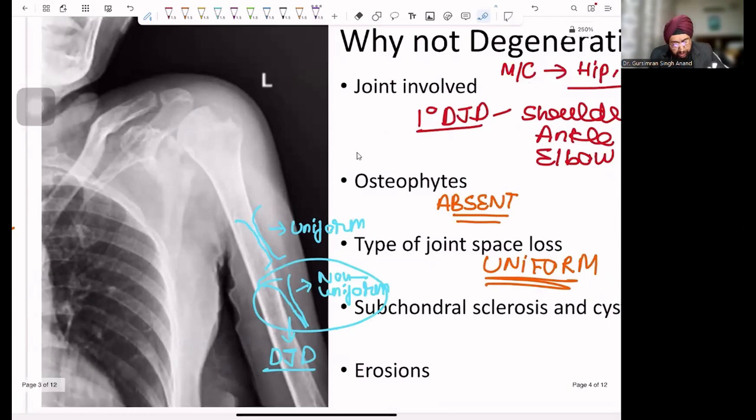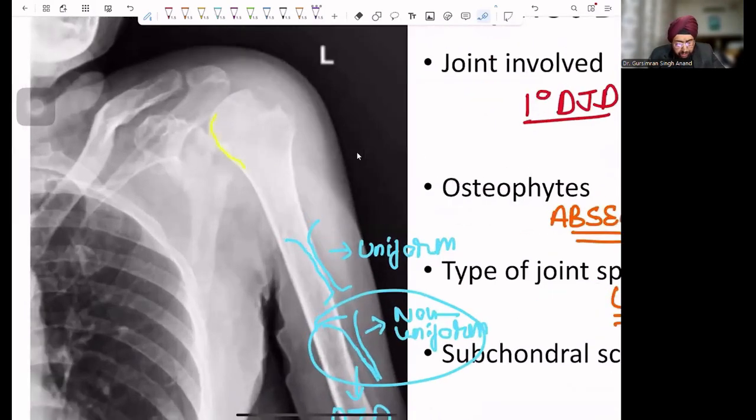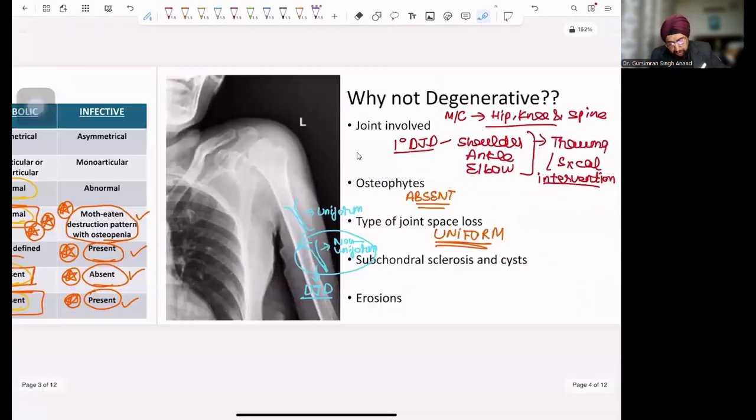If we look carefully, we do not see any subchondral cyst or sclerosis in this region. What we do see here are juxta-articular osteopenic areas, and we have an erosion on the glenoid fossa region. The absence of subchondral sclerosis and cyst also goes against degenerative osteoarthritis.